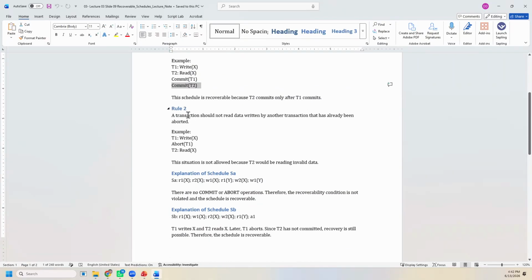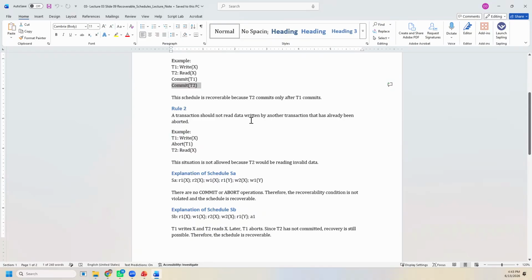Then rule 2: a transaction should not read data written by another transaction that has already been aborted, right? If a particular transaction aborts, then those items should not be read by others, no?